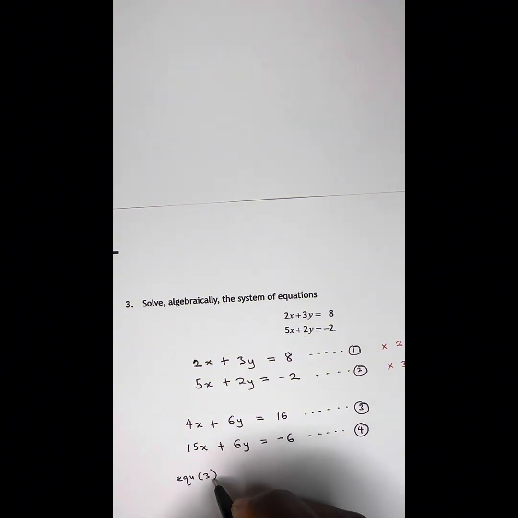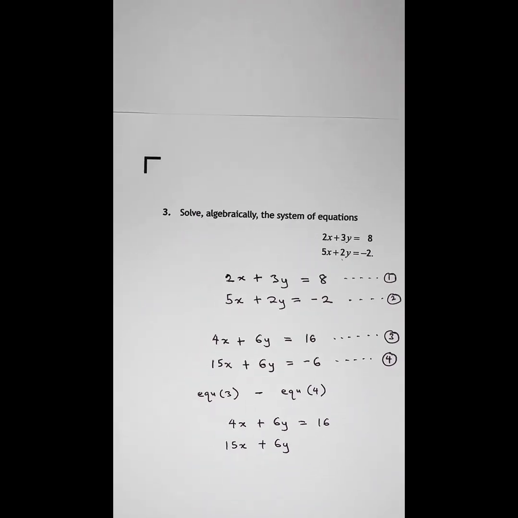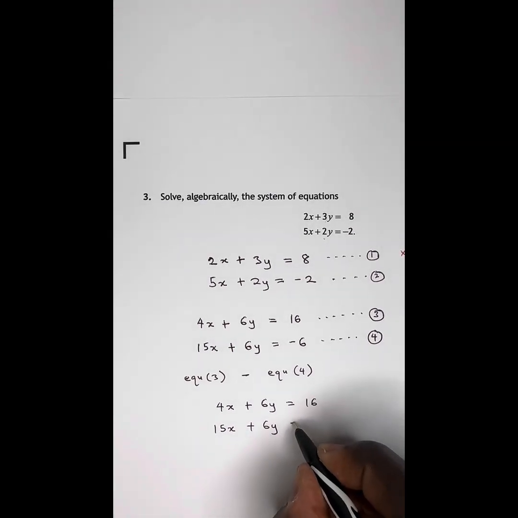Now, how can I eliminate y? I can do equation 3 minus equation 4. So I'm going to rewrite it: 4x plus 6y equals 16, that's equation 3, and then 15x plus 6y equals -6.